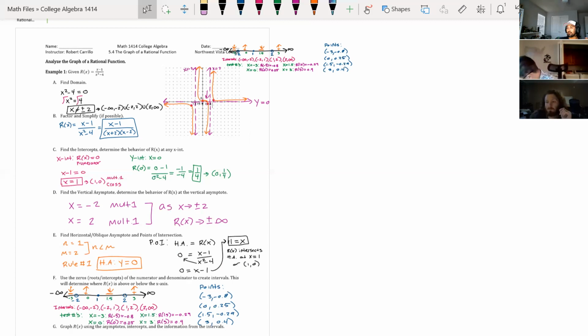And then we graph it. So yes, all of this work is exactly what I want to see when you do your homework and your exams. Do not leave anything out. Okay. But any questions on this one before moving on?